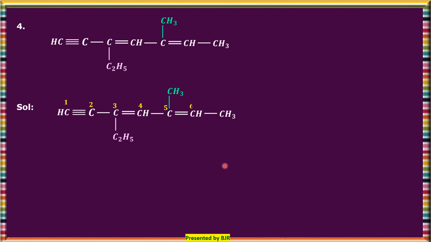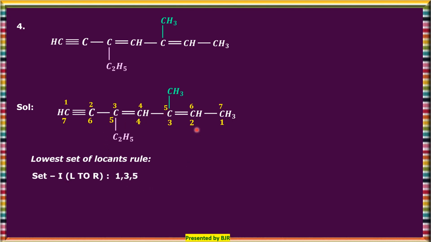Which way of numbering is correct? To know that I am using the lowest set of locants rule. Set 1 locants, from left to right, are 1, 3, 5. From right to left, set 2 locants are 2, 4, 6.